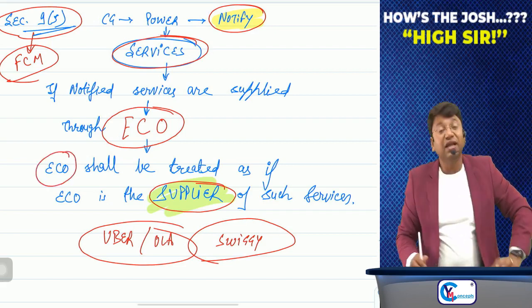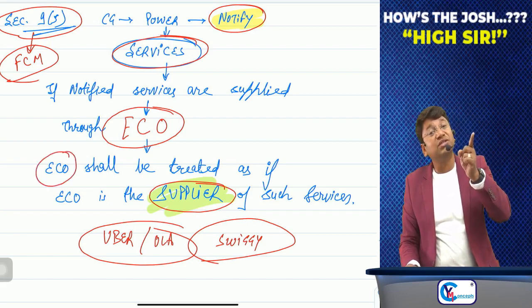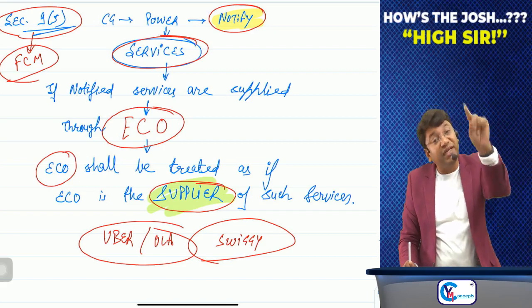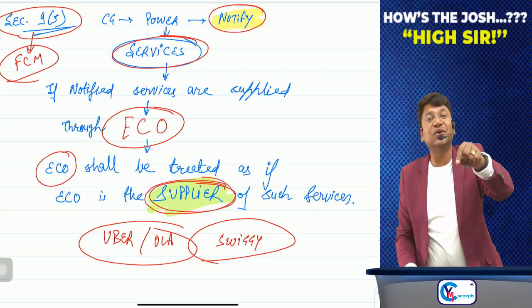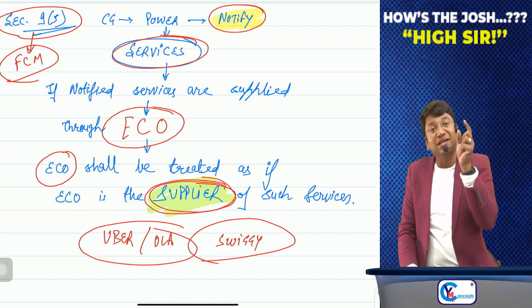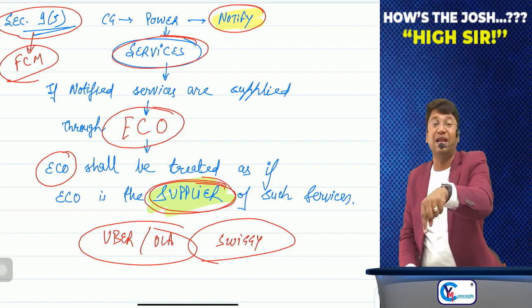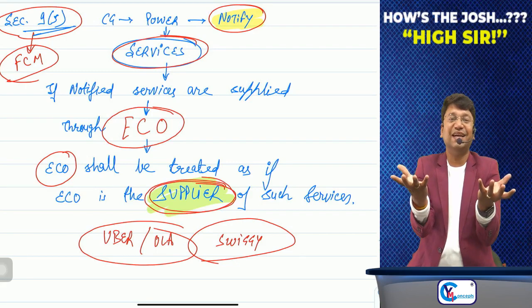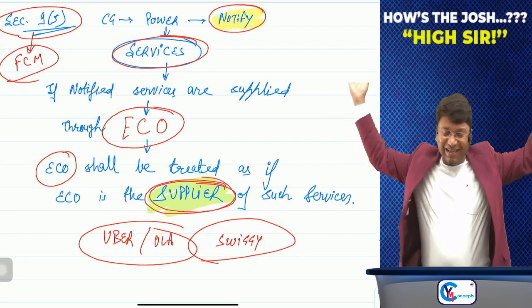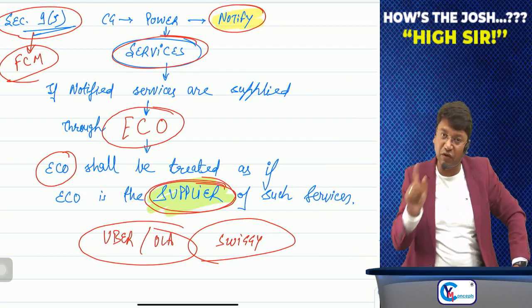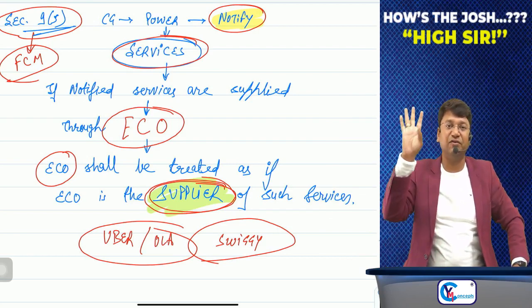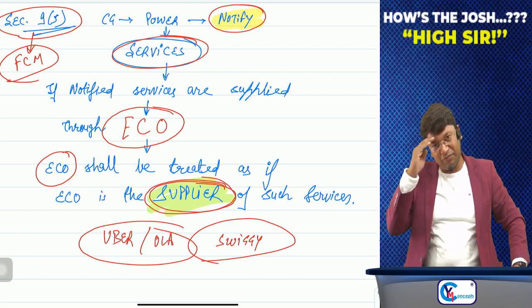The ECO is liable, and the ECO is not the recipient. The ECO will be treated as if he is the supplier of such services. So they have made the ECO act as if he is the supplier, and when the supplier pays the tax, it is forward charge mechanism, not reverse charge mechanism. That's why section 9 subsection 5 is forward charge mechanism. Sections 9(3) and 9(4) are reverse charge mechanism. I hope you got the point.